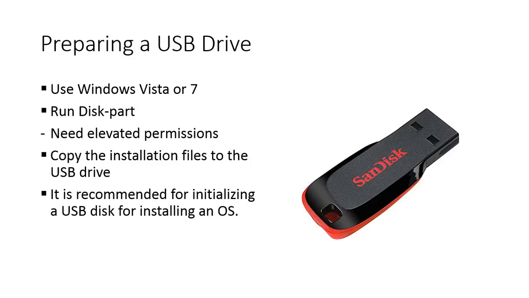But you have to be an administrator, and since I'm a standard user, I cannot initialize a USB disk. But my administrator can. For this, you need to use Windows Vista or 7. Right now, I'm running Windows 8.1, as you saw. But anyway, we need elevated permissions because only an administrator can initialize a USB disk in order to install Windows 7.